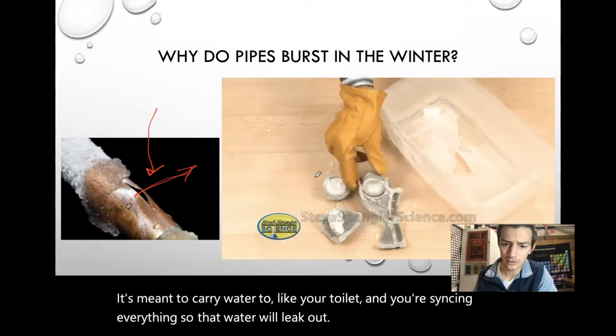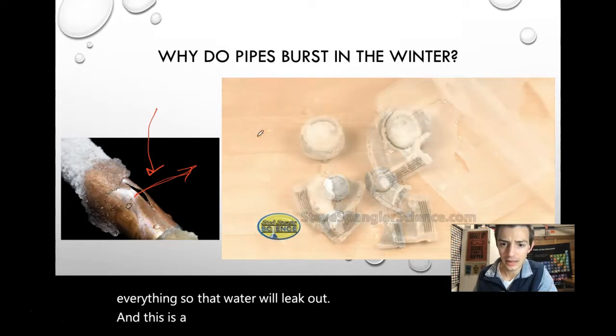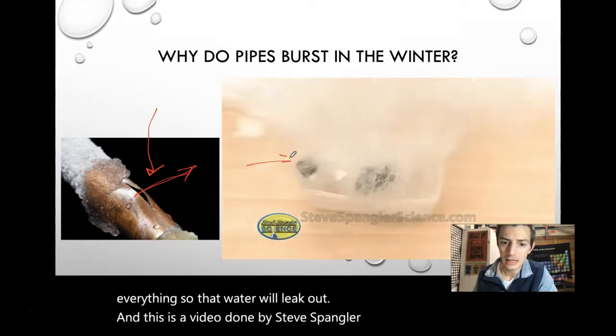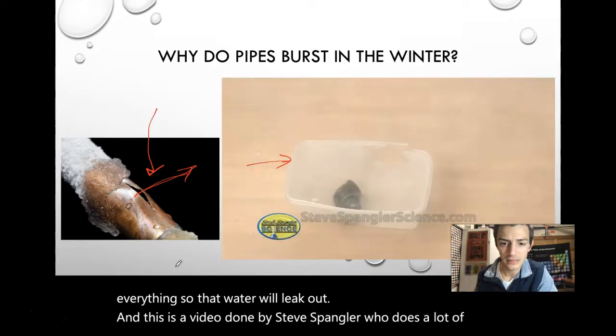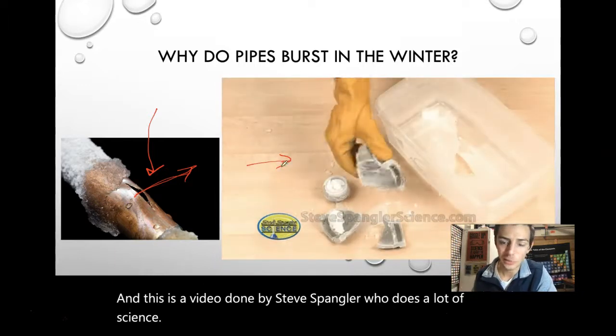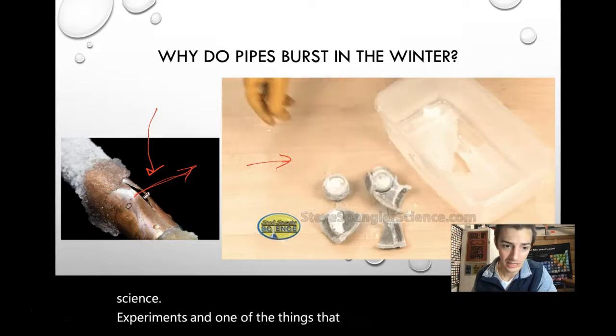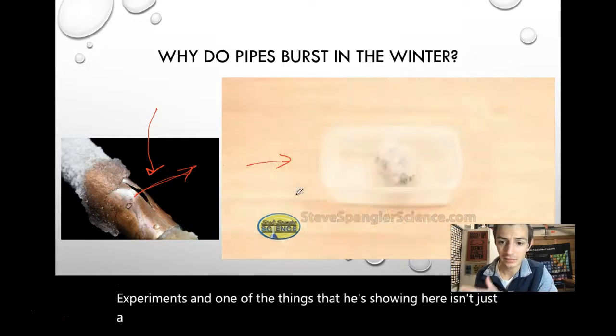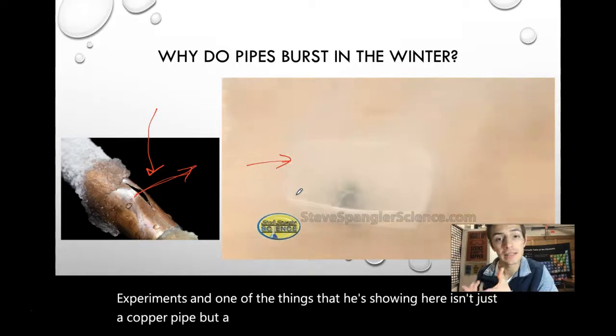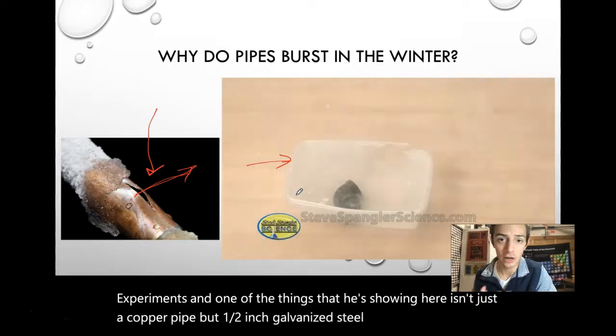And this is a video done by Steve Spangler, who does a lot of science experiments. One of the things that he's showing here isn't just a copper pipe, but a half-inch galvanized steel pipe. This is very, very strong pipe.